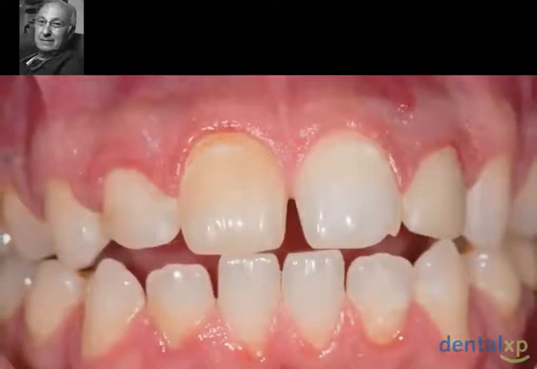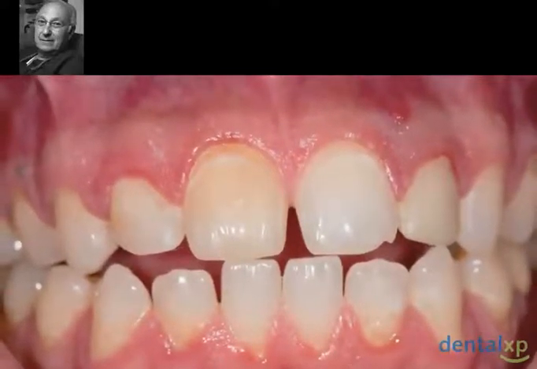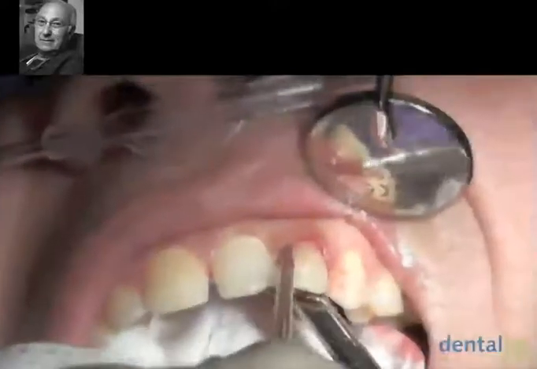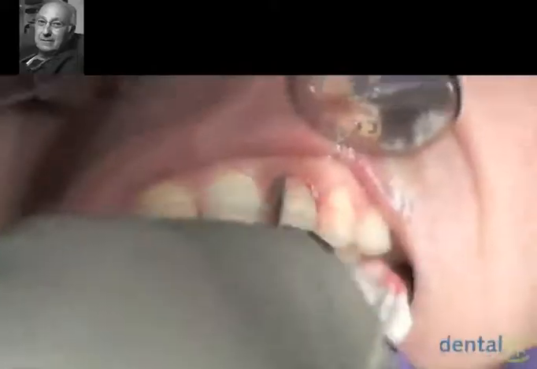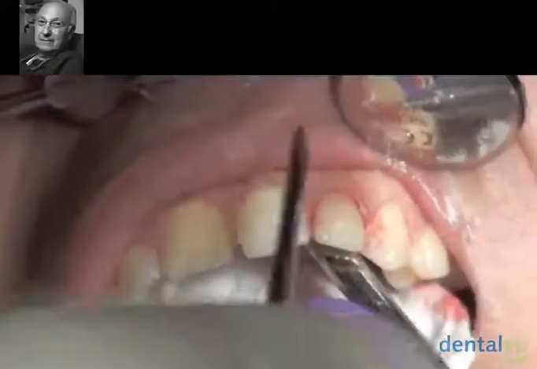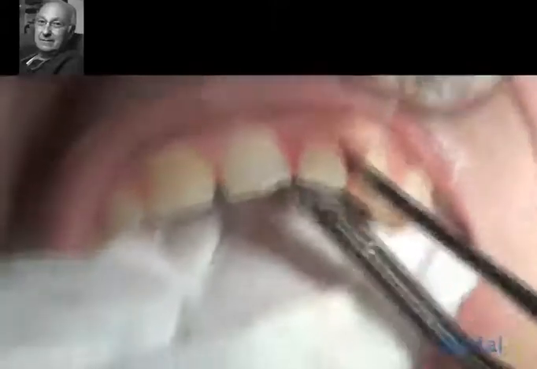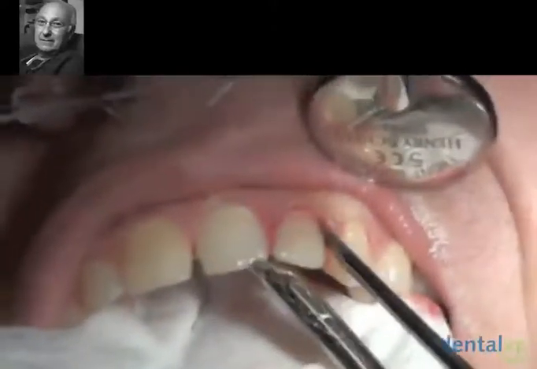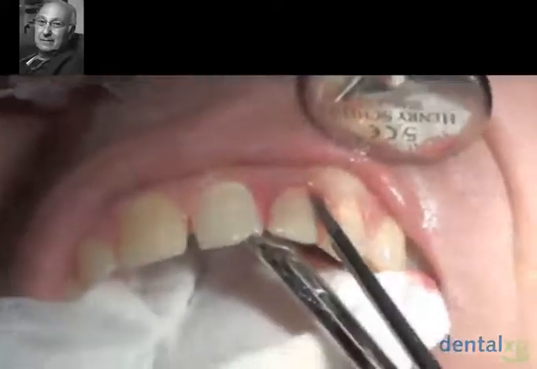This tooth will be removed using a series of luxators. These luxators are very easy to use, and they allow us to apply a vertical pressure on the tooth to be removed, thereby placing the least amount of trauma that we can while removing the tooth.